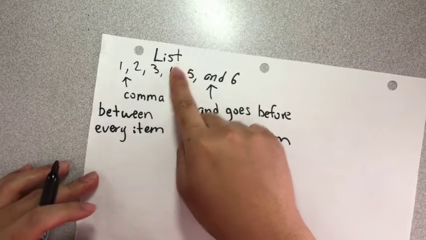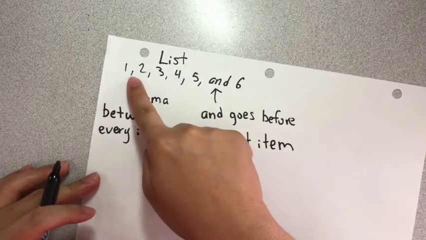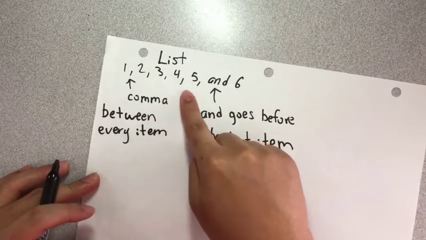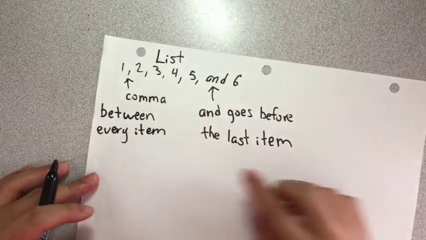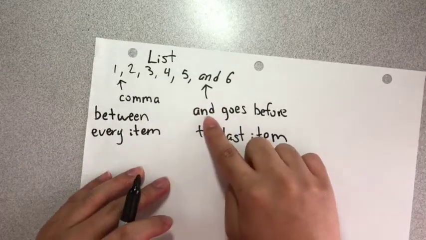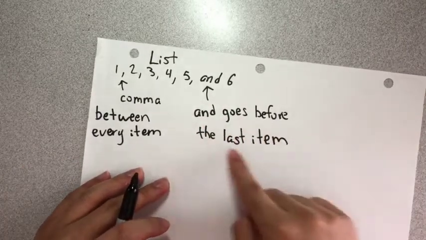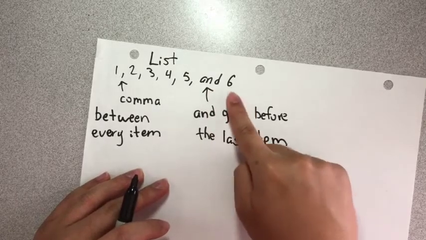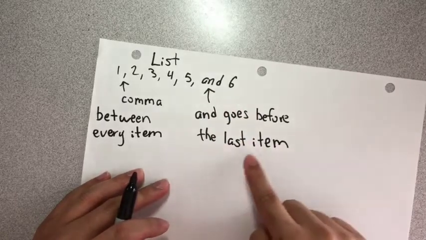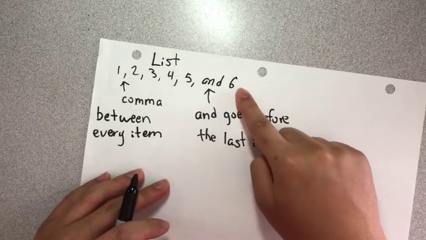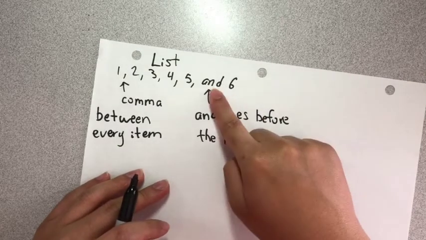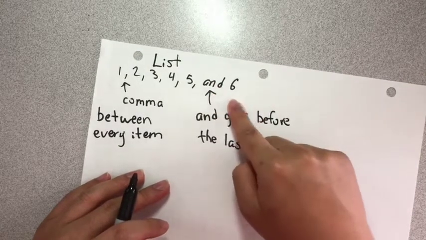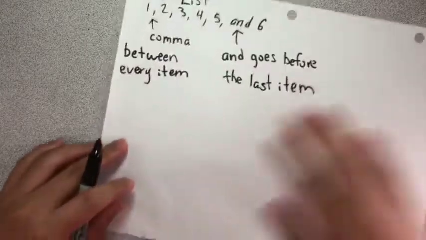This is a comma. There's a comma between every item. The word and goes before the last item. So number 6 is the last item. It's the last thing here. The word and goes before the number 6, before the last item.